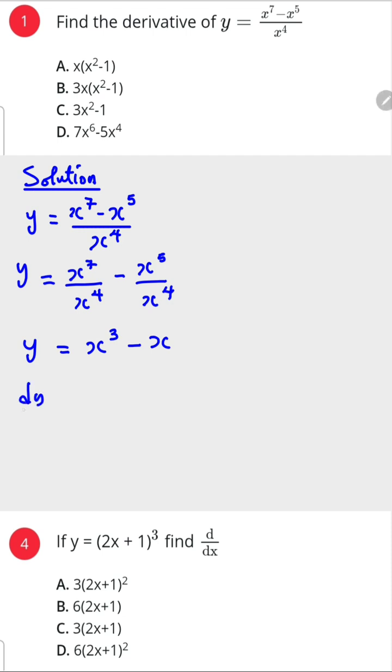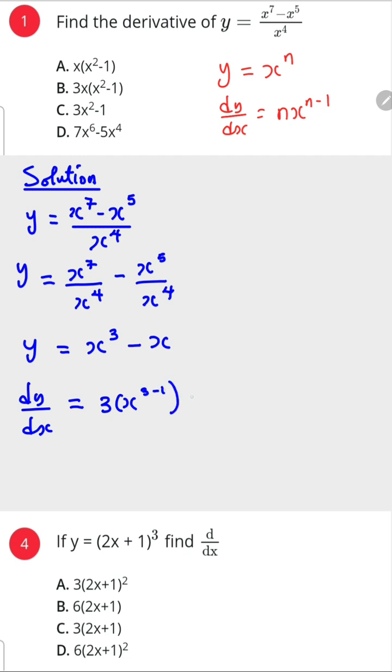So your dy by dx will now be equal to, let me remind those of you that have forgotten: if I have y equals x raised to power n, then dy by dx is n x raised to power n minus 1. With that knowledge, the first one is going to be 3 x raised to power 3 minus 1, then minus x raised to power 1 minus 1.